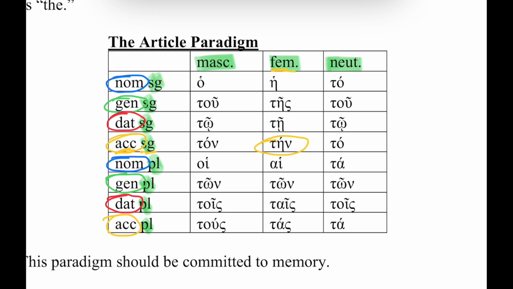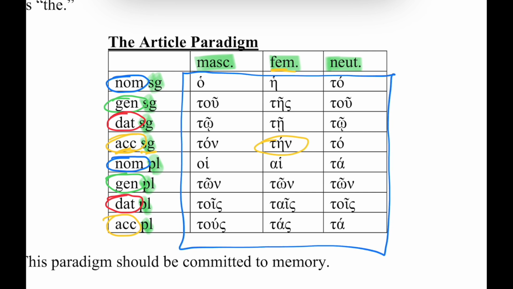Now this is really important to memorize this article paradigm, because if you can memorize these 24 forms of the article, when you recognize or see something like tois in a translation or in a verse, you know instantly that the word that this is modifying and attached to, because it agrees, is going to be also a neuter, dative, plural noun, which means you've already gotten some information.